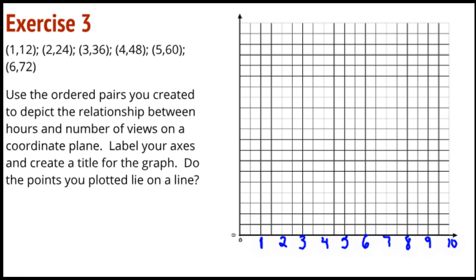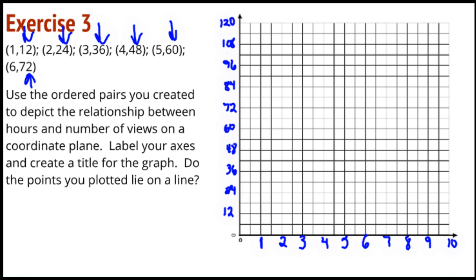All right, now it would make the most sense if I were to count by 12s going up here, because I have multiples of 12. And I'm going to do the same thing. I'm going to go every 2 lines. So 12, 24, 36, 48, 60, 72, 84, 96, 108, and 120.